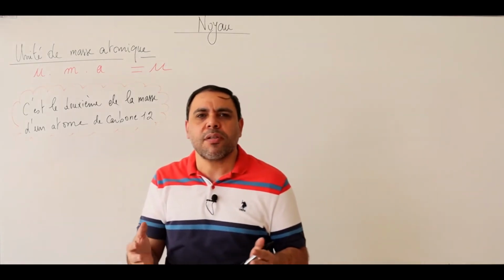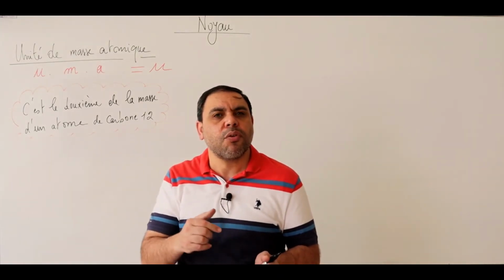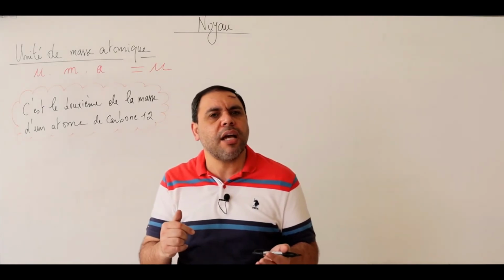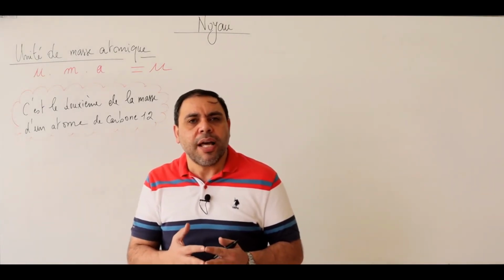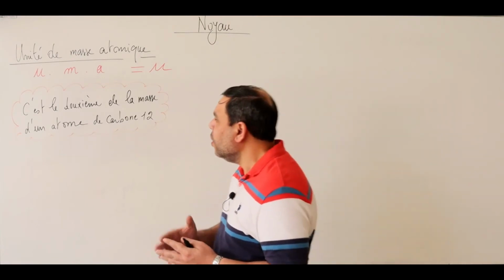The mass of the proton is 1.67 times 10 exponent minus 27 kilograms. The mass of the electron is 9.1 times 10 exponent minus 31 kilograms. For that, we define a new unit called the atomic mass unit.